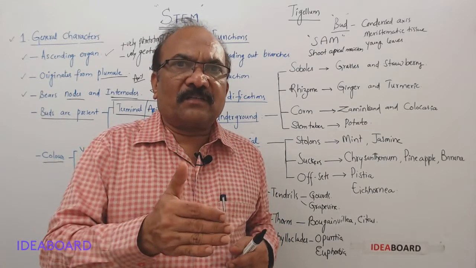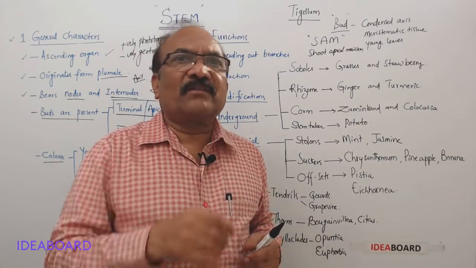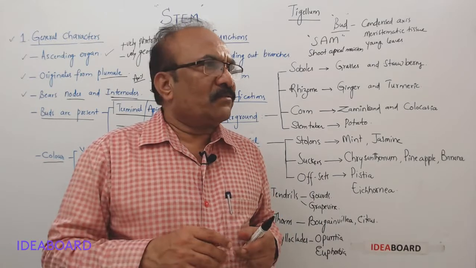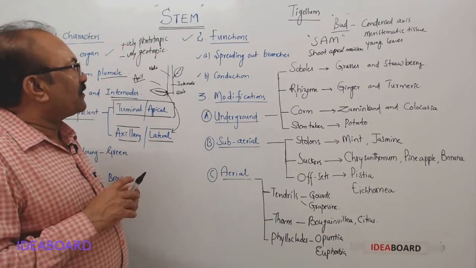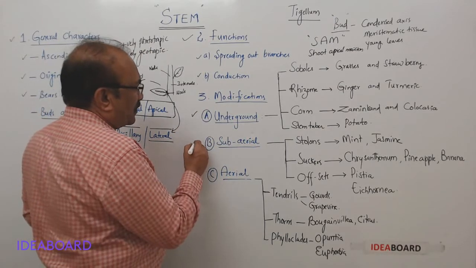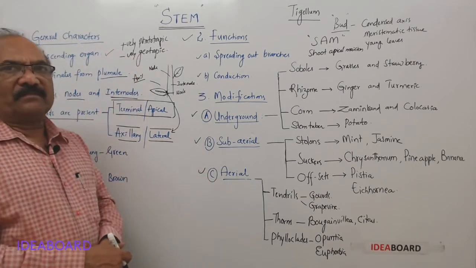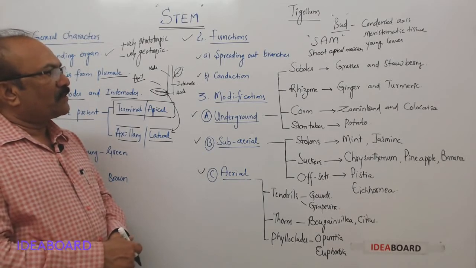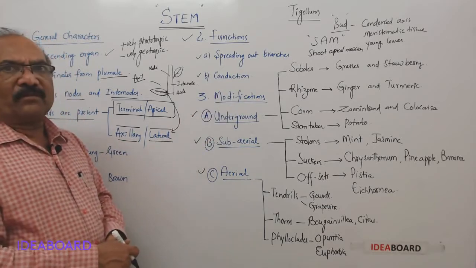A permanent change in the structure of an organ to perform a special function is called modification. Here we can classify these modifications into three types: underground stem modifications, subaerial stem modifications, and aerial stem modifications. Before discussing them in detail, just remember these different types which we are going to discuss.